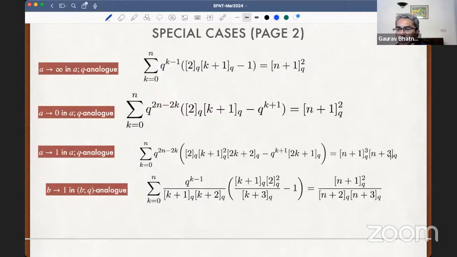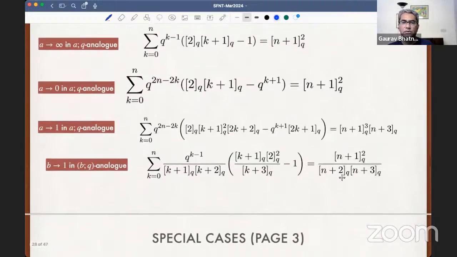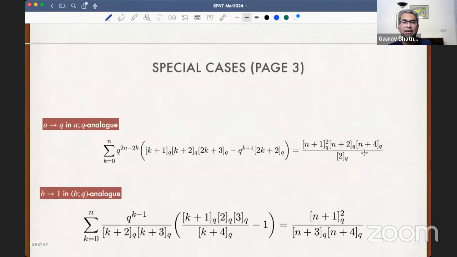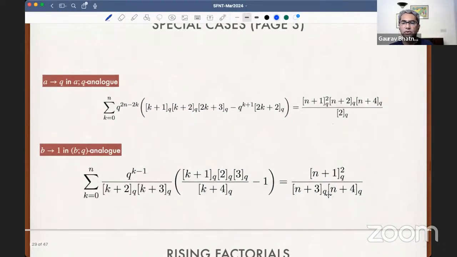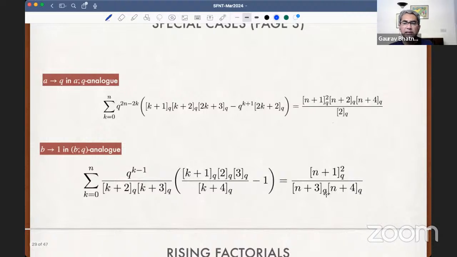You get n plus 1 cubed and n plus 3. And similarly, if you take b equal to 1, you get something else. So these A's and B's are adding a lot of new identities to the whole story. And if A is Q, then you get a product of 4 terms on top, and then this ratio of 2 terms here and 2 terms here.